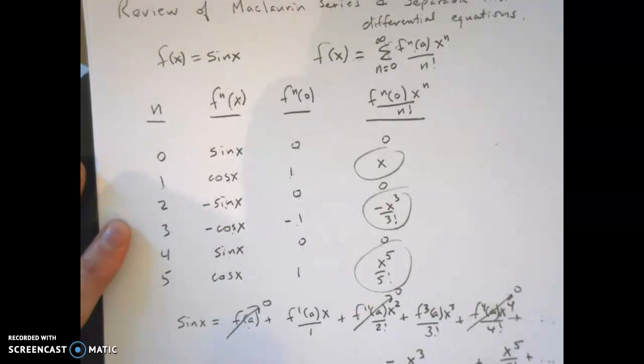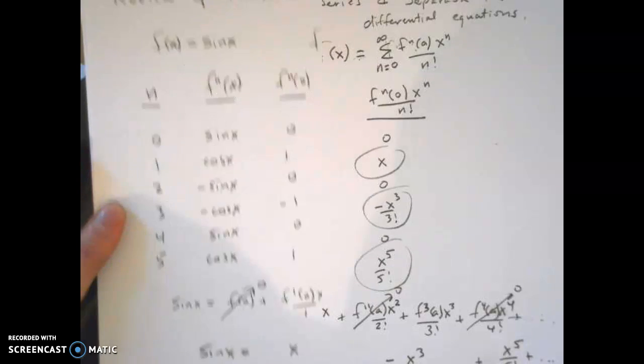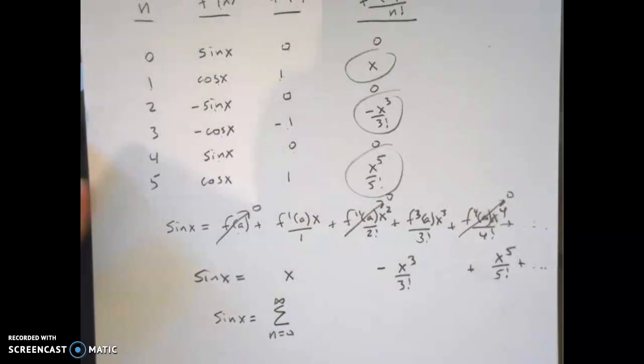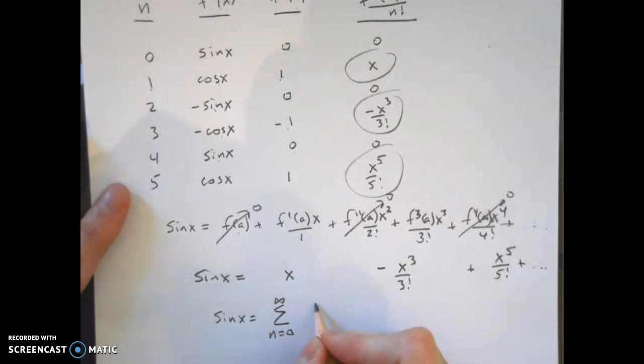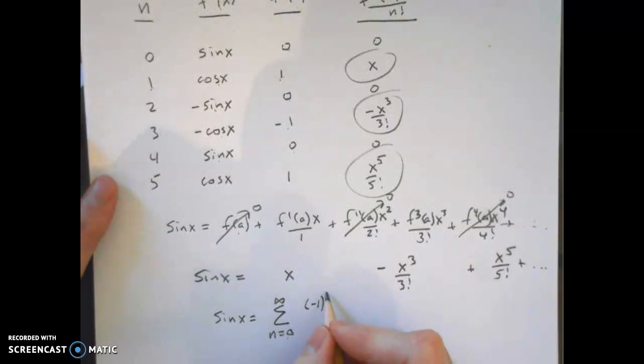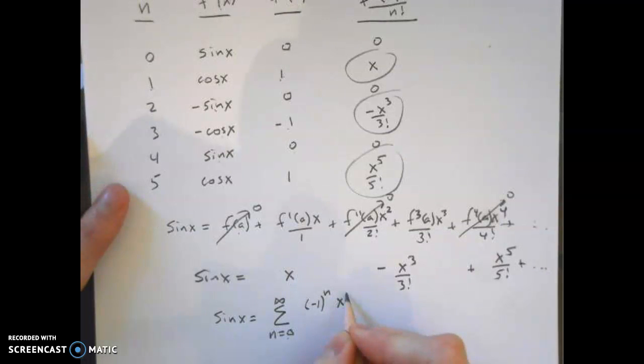Then you end up with sine of x equals, you could say, plus dot dot dot, or the sum from n equals 0 to infinity. Then we have to figure out how to write this. If n is 0, we get x, so we have negative 1 to the n, and x to the 2n plus 1 over 2n plus 1 factorial.